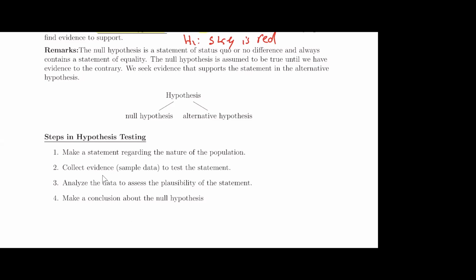We're actually not going to do step 2, because our data set will already be collected for us. Step number 3 is to analyze the data to assess the probability of the statement. Once we have the data, we see how likely or unlikely an event is of occurring. And step number 4, we make a conclusion about the null hypothesis. We're either going to say the null hypothesis is still correct or that the alternate hypothesis is not correct. So that's the layout we're going to follow for chapter 8.